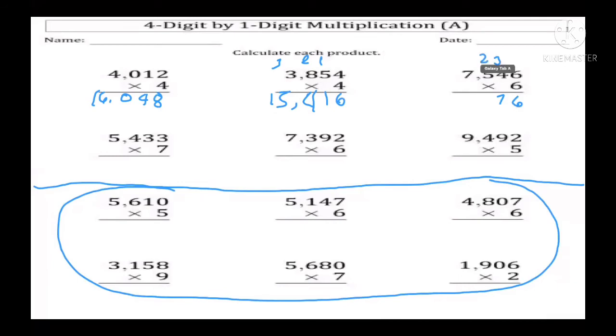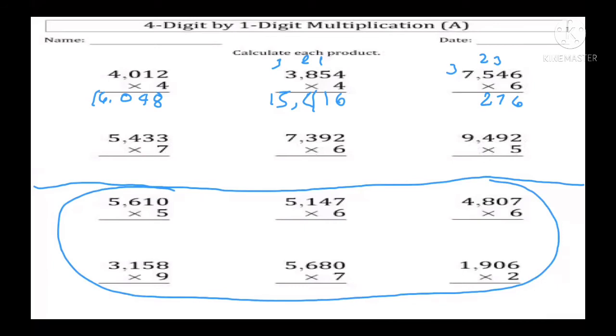6 times 5. 30, correct? 30 plus 2. 32. Great. Okay. 6 times 7. 42.